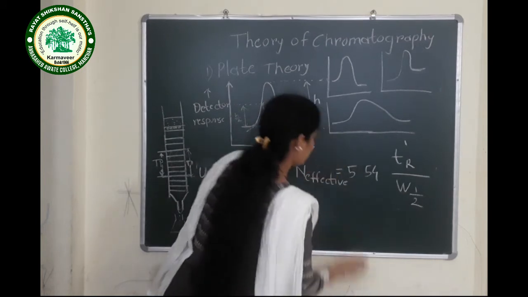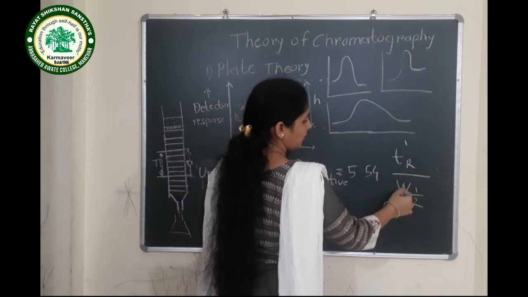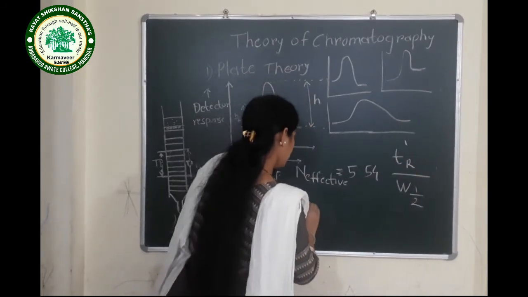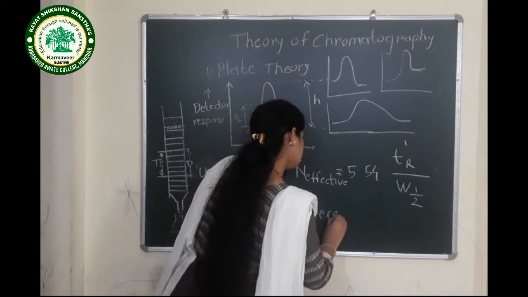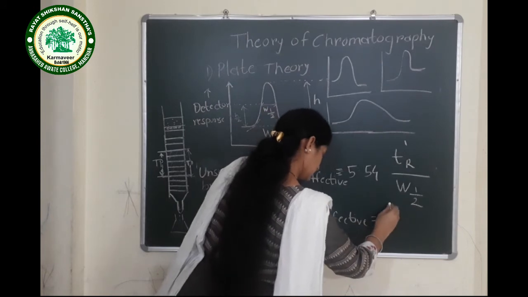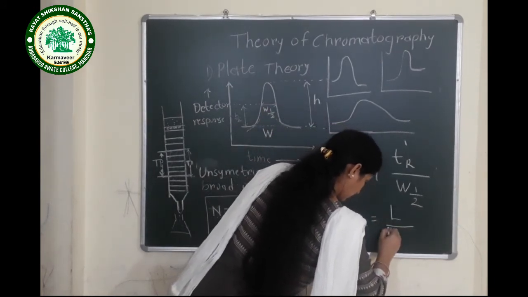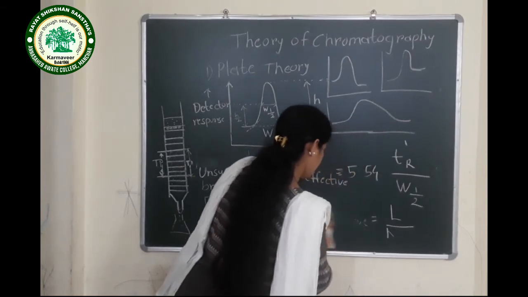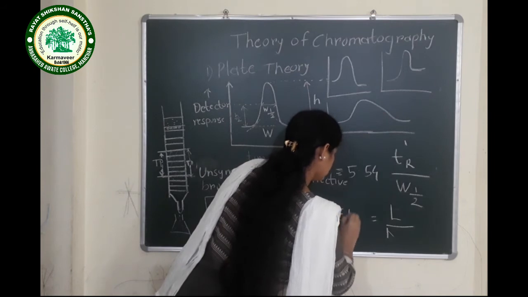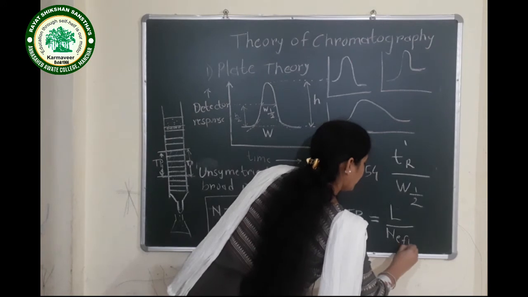The N effective value will be given by 5.54 TR dash upon W half, squared. TR dash is the corrected retention time. Then N effective in case of HTP: HTP is given by L upon N effective.